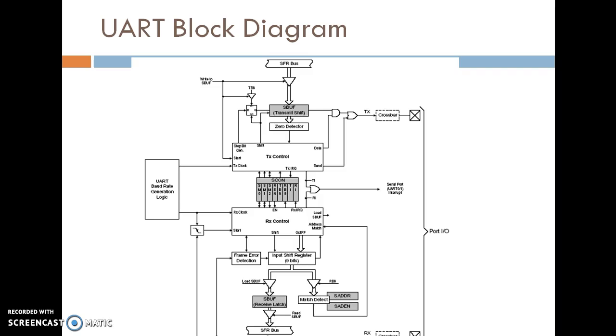Writing to SBUF 0 sets the data out serially from the transmit shift register through the transmitter pin. The data received on the receiver pin is accumulated in the receive latch. A read to SBUF 0 fetches the data from this receive latch.